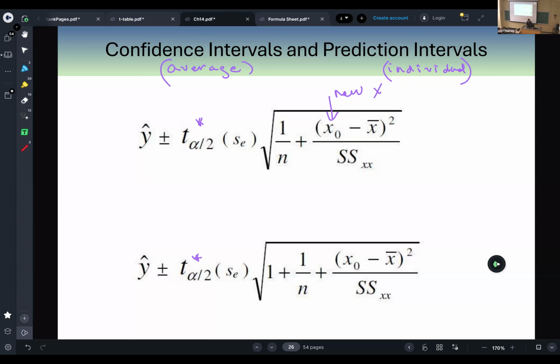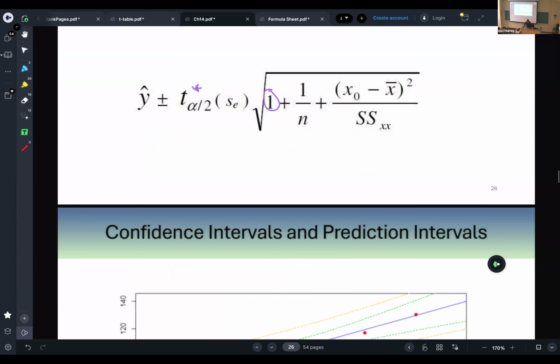Yeah. Plus one. Yeah, right here. And so there's a little bit more uncertainty when it's for individuals. So that expands the standard error a little bit more. So the margin of error will increase there because there's more uncertainty for an individual prediction than for the average. And I'll show you what that looks like in a picture as well.